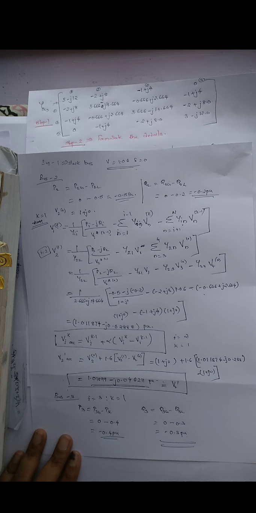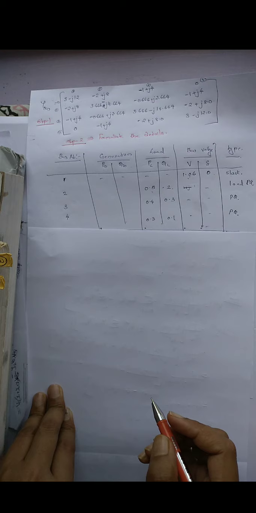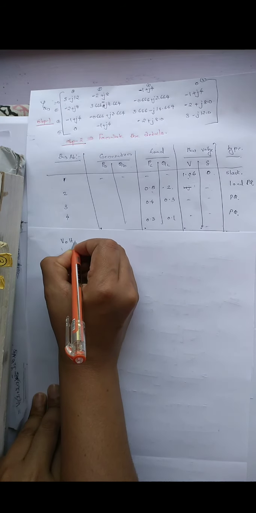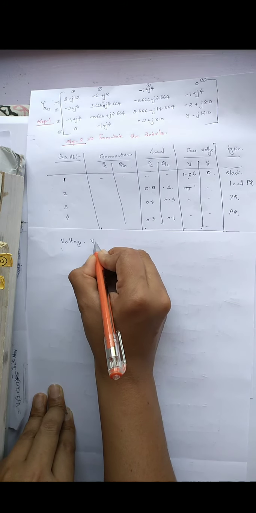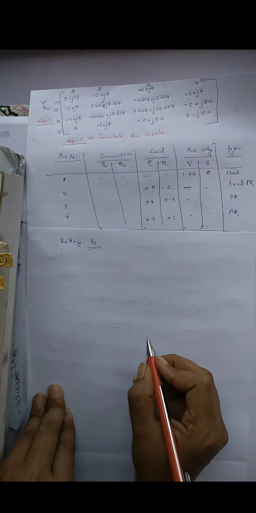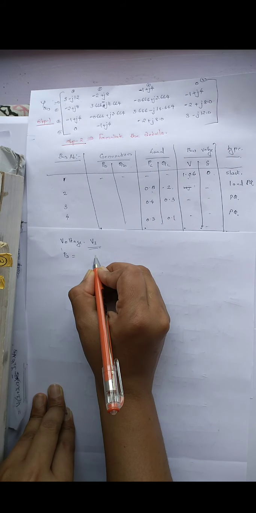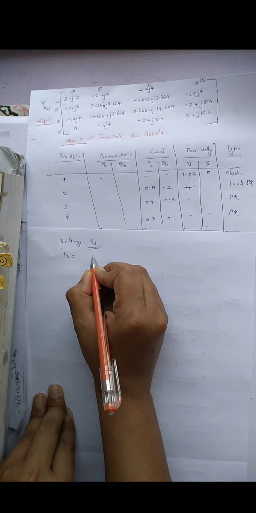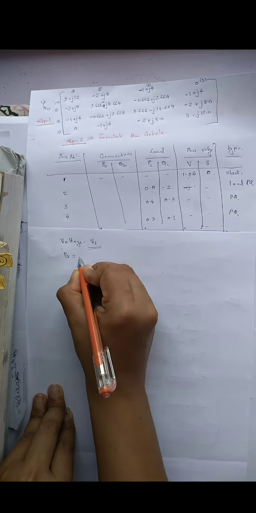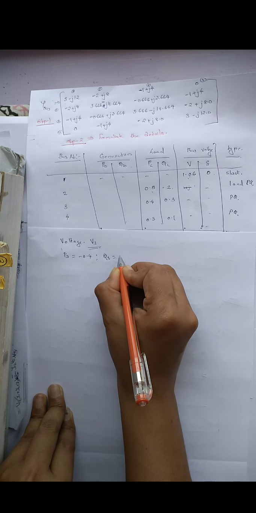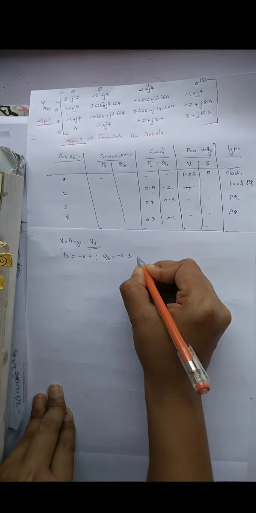So next we are going on to find out our voltage V3. Our P3 value was equal to minus 0.4 and Q3 value was equal to minus 0.3.